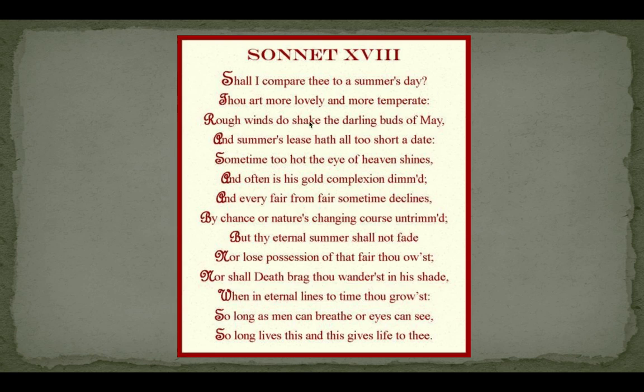We've got talking about a lease here. We've got these words that are kind of weird: dimmed, untrimmed, wondrous. So look for the weird stuff. And give it a shot just thinking about in context what those words mean. But if you need to, go ahead and look them up.